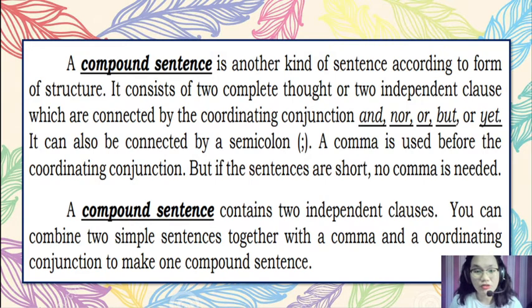You can combine two simple sentences together with a comma and a coordinating conjunction to make one compound sentence. So, para makabuo tayo ng isang compound sentence, kailangan nating magkaroon ng two independent clauses, and we should connect them with a coordinating conjunction or a comma or a semicolon to have one compound sentence. Okay? Next one.